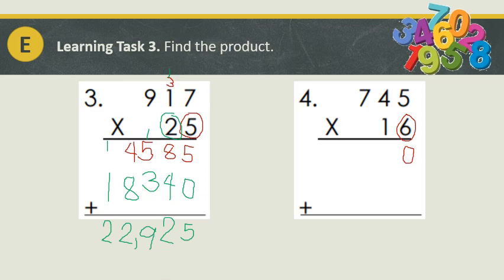Carry 3. And then, 6 times 4 is 24, plus 3 is 27. So, carry 2. 6 times 7 is 42, plus 2 is 44.